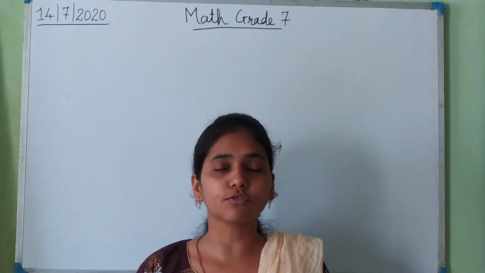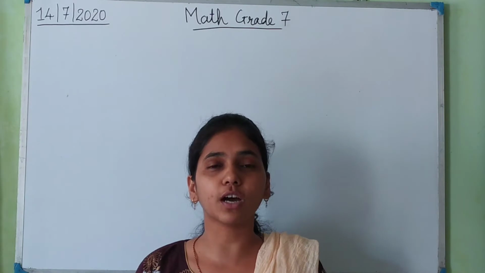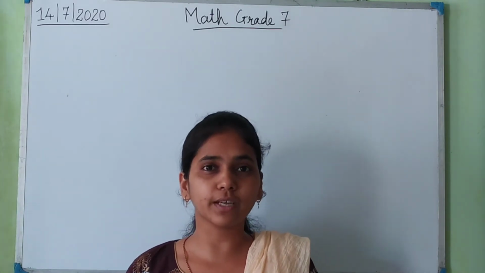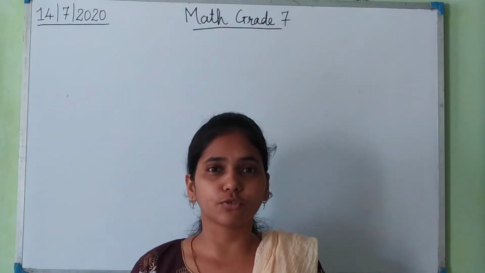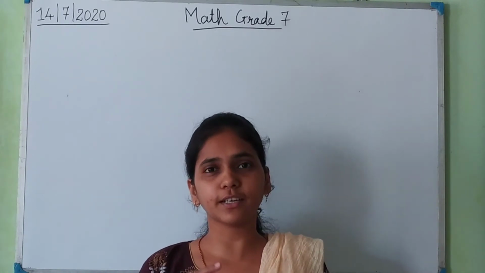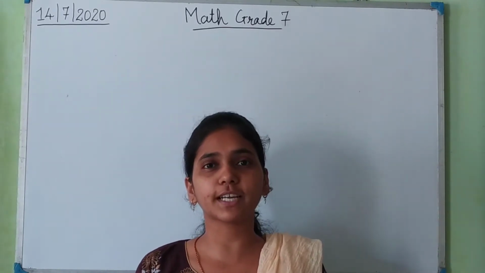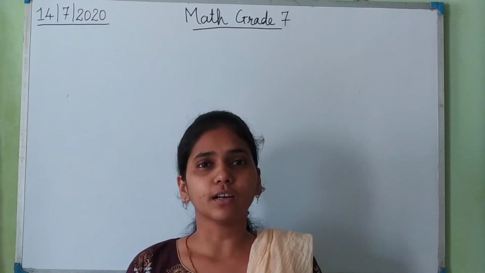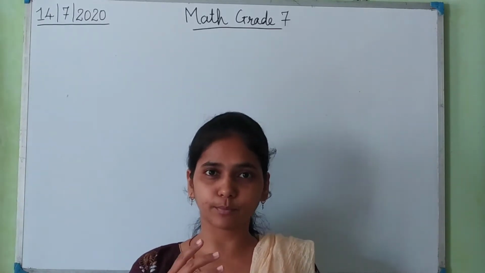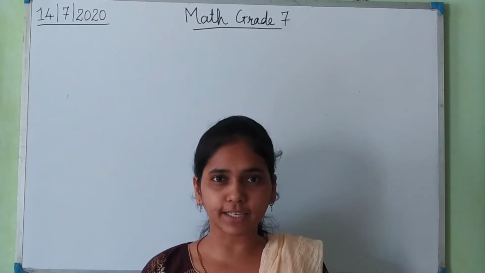In today's class we are going to see how to divide numbers with negative signs. If we are dividing two numbers, we will check how to divide numbers with the same sign, whether both are positive or both are negative.